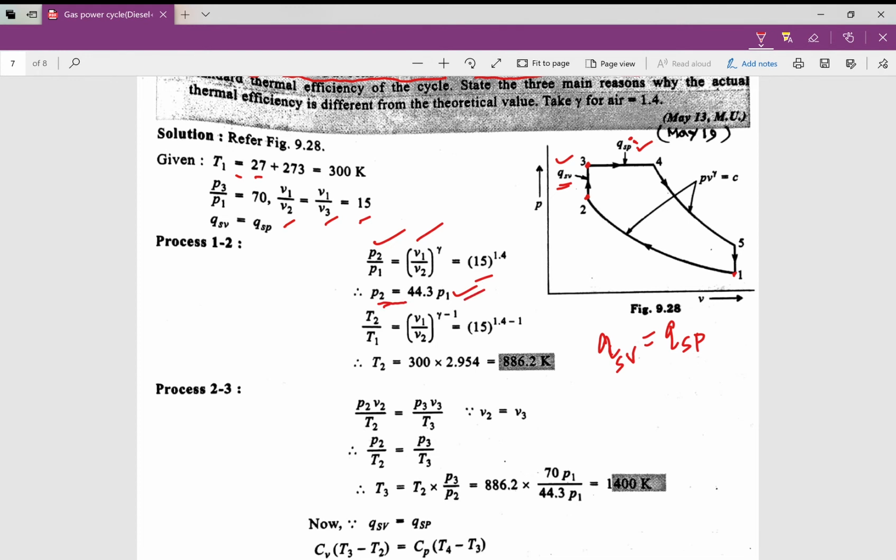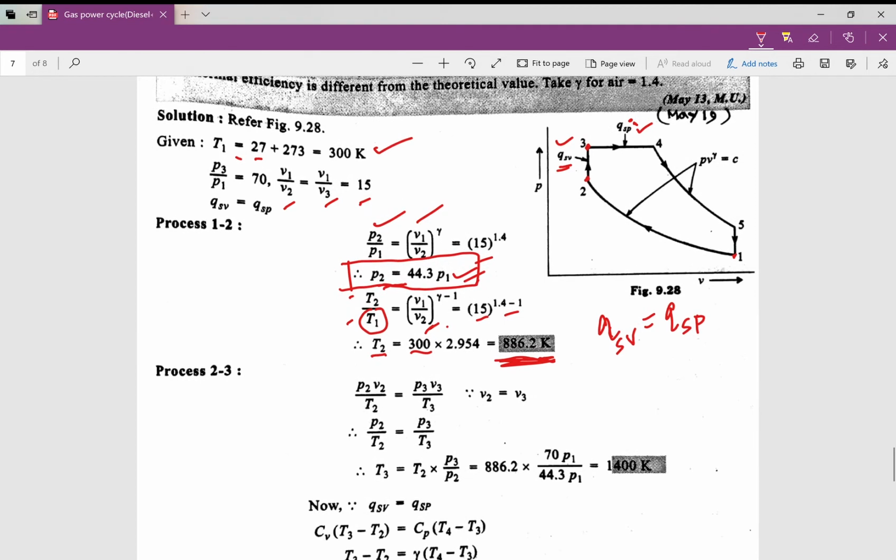Now come to another ratio, the temperature ratio T2 upon T1 equals (V1 upon V2) to the power gamma minus 1. With the compression ratio 15 it comes out like this. So T2 you can calculate because the T1 value is known to us, that is 300. So we get the value of T2 as 886.2 Kelvin. At present students, we will utilize this later on.